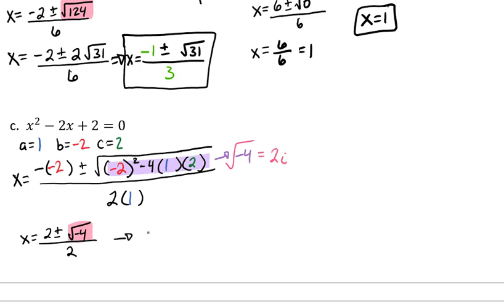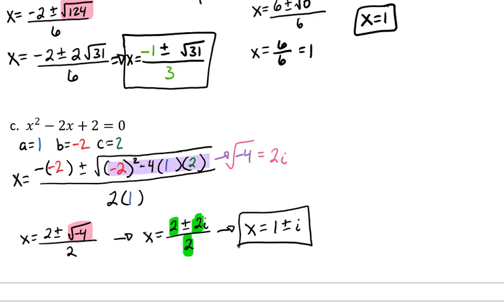So now we have x equals 2 plus or minus 2i over 2. And we notice that those numbers all have something in common. So we can again write it as x equals 1 plus or minus i over 1, but we don't really write that. And so x equals 1 plus or minus i will be our solution.